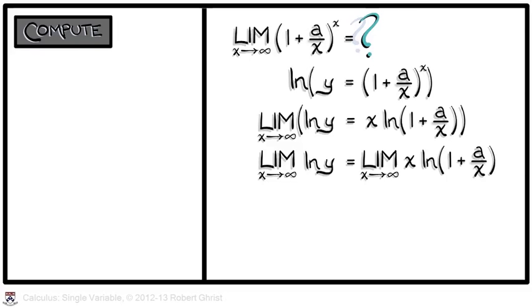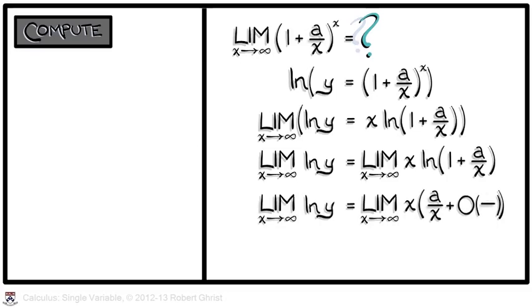Well, the logarithm is in the form log of 1 plus something that becomes very small as x goes to infinity. So we can use our Taylor expansion and rewrite that as a over x plus something in big O of 1 over x squared. That limit is going to be easy to compute. The leading order term is, in fact, a, and that is the limit, not of y, but of log of y.